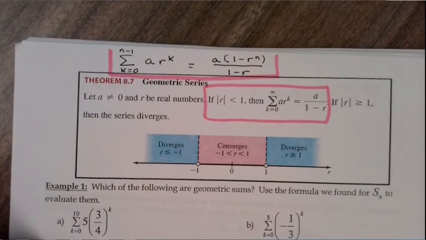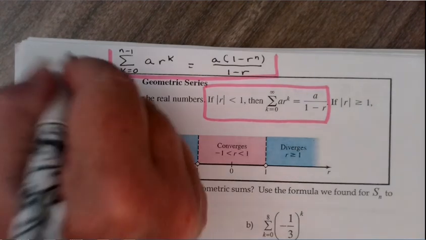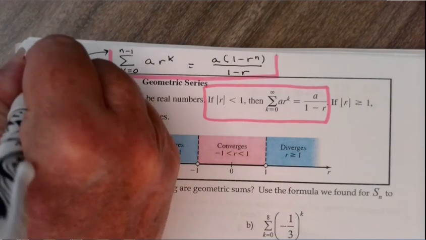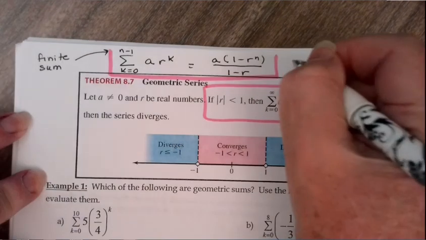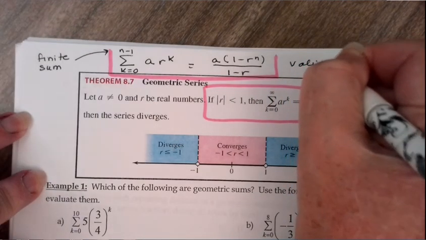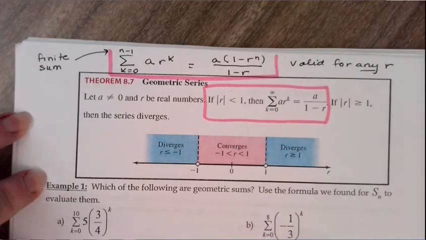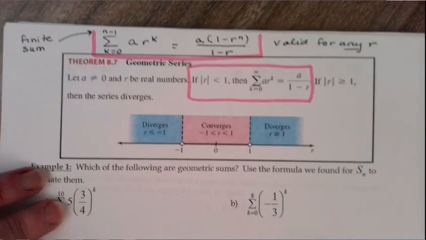So I have just rewritten the first formula. This one is for the finite sum, and this is valid for any r, because it's a finite sum, I don't have to worry about it converging.